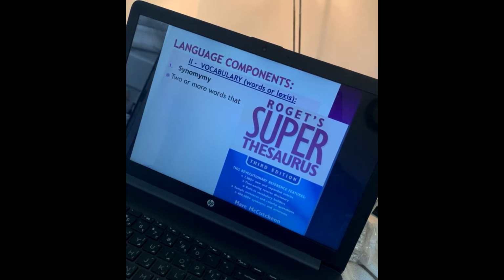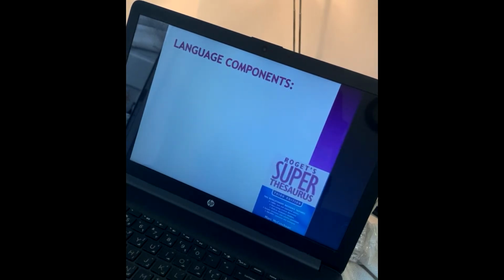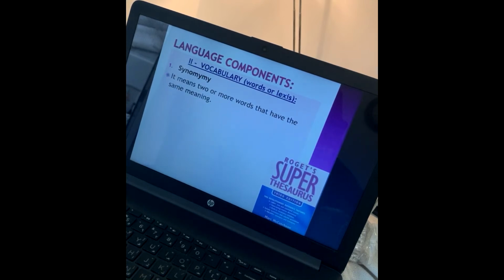And they can be two synonyms or more than that. They have to have the same meaning, of course, as we have just mentioned about synonymy. Now, when we move on, synonymy does mean two or more words that have the same meaning. And that is what synonymy is about.